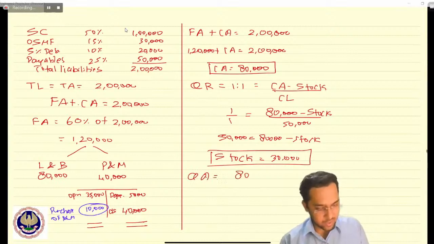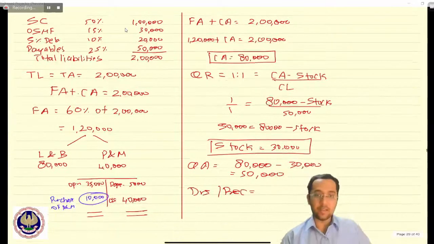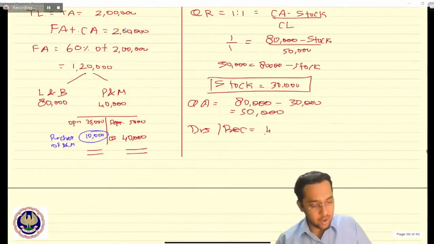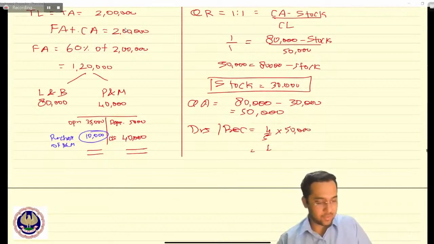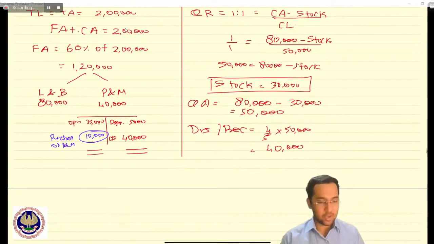Quick asset is simply current asset of 80,000 minus stock of 30,000. Quick asset is 50,000. So what will be our debtors or receivables? Debtors or receivables will be 4/5 of this, which is simply 40,000. We get this receivables answer as 40,000.